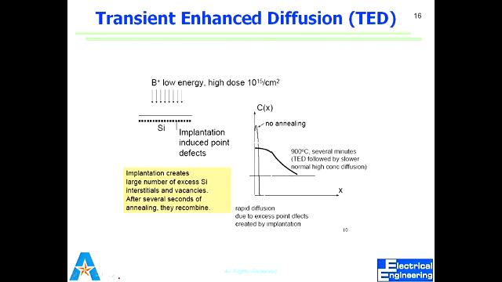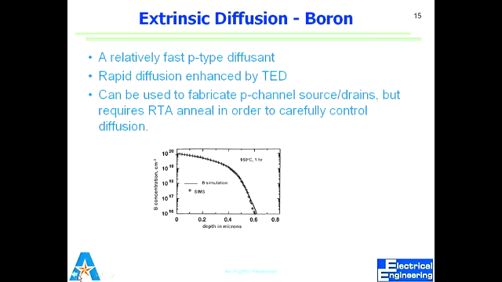And once you do that, it's very easy to control the profile. So now this is a combination of ion implantation and drive-in, not pre-dep and drive-in. So it works well with TED.